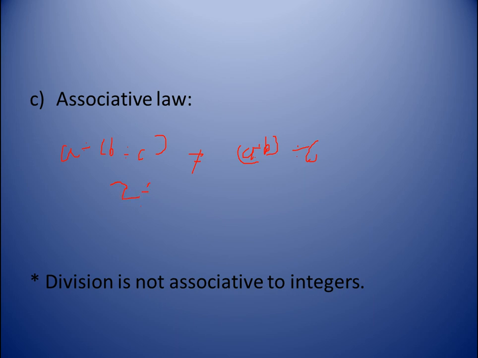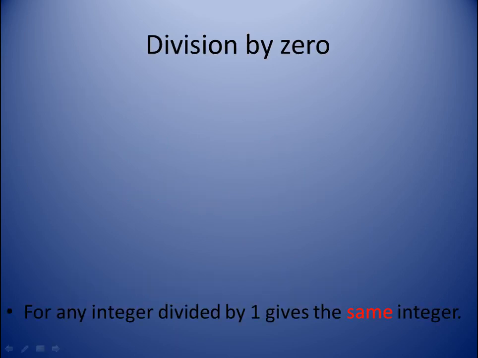If you take a as 2, then 2 divided by (4 divided by 6) is unequal to (2 divided by 4) divided by 6. The answer here will be 3 and here will be 1 by 12. So division is not associative for integers.